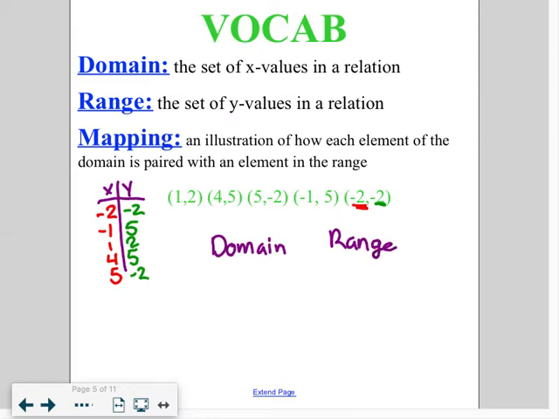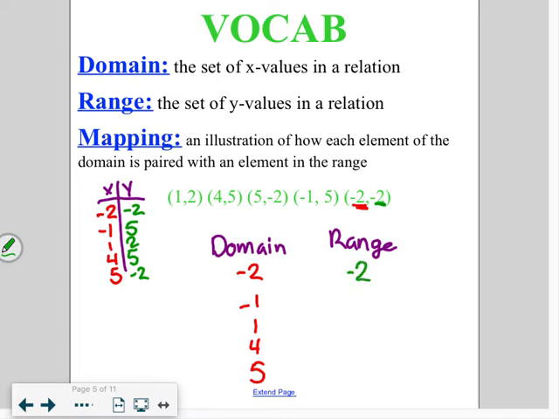Similar to the table, our x values are going to be in numerical order. So negative 2, negative 1, 1, 4, and 5. Unlike the table, our range values are also going to be in order. So on this one, we're going to start with negative 2 because that is our smallest value in the range.